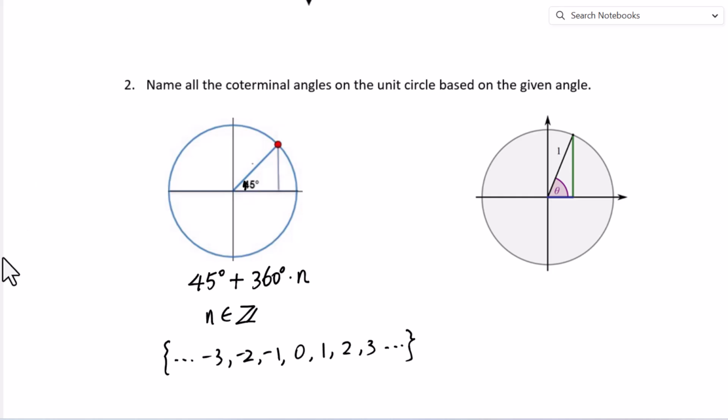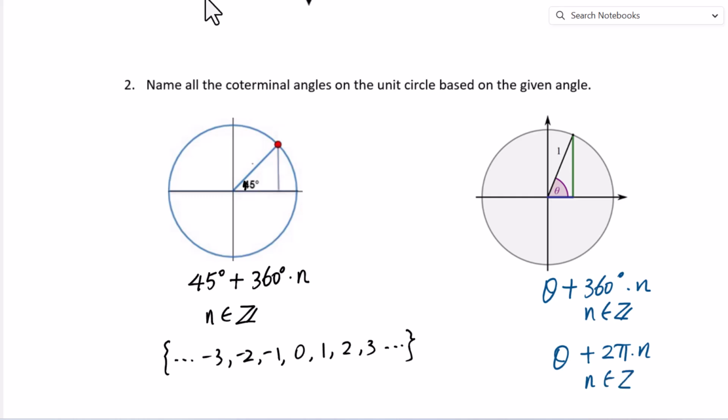If we are given the angle theta, then the coterminal angles will be theta plus 360 degrees times n, n is all integers. If theta is in radian, then theta plus 2 pi times n, n is integers, to show all angles that share the same terminal side with theta in radian.